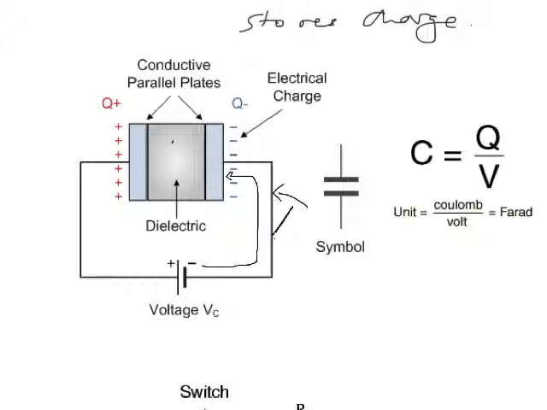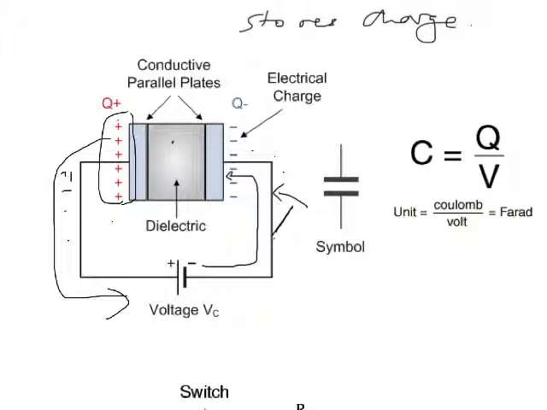Because the dielectric is an insulator. So the electrons accumulate until there's so many of them on here, they start to repel any of the arriving ones. So in fact, the circuit stops working. On this side, you have an absence of electrons and a positively charged plate, until it becomes so positive that any escaping electrons will eventually be pulled back and the circuit stops flowing.